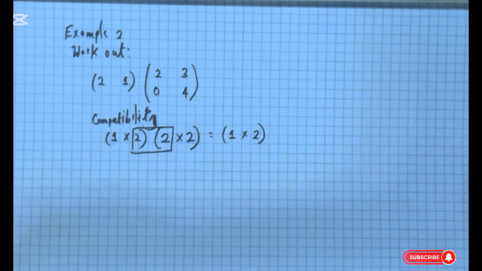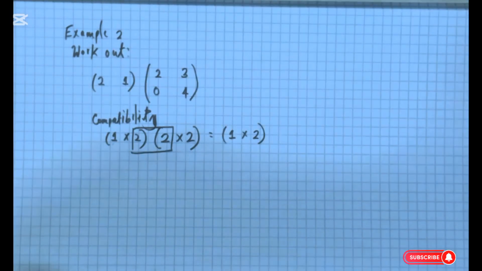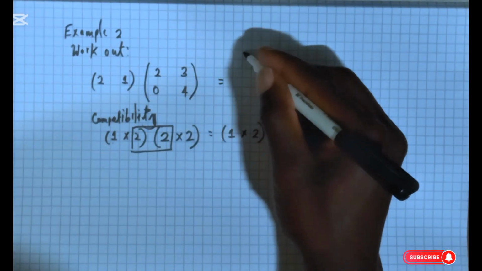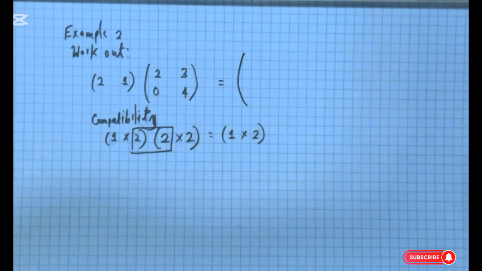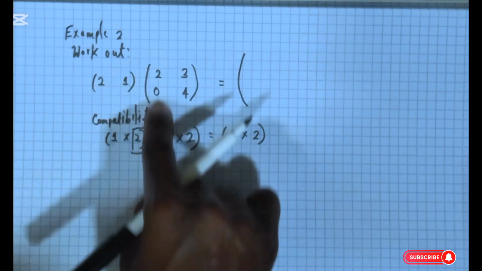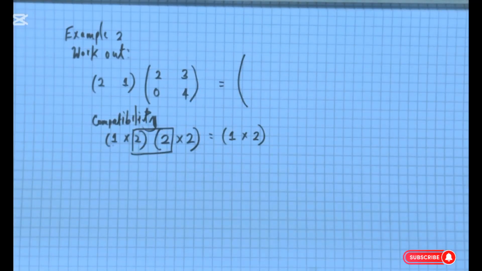Awesome. So as I said earlier on, rows multiply columns. With matrices, rows multiply columns. In this particular case, let me just have an open parenthesis there. I'm going to take row 1 multiplying column 1, row 1 also multiplying column 2, to get our final answer.